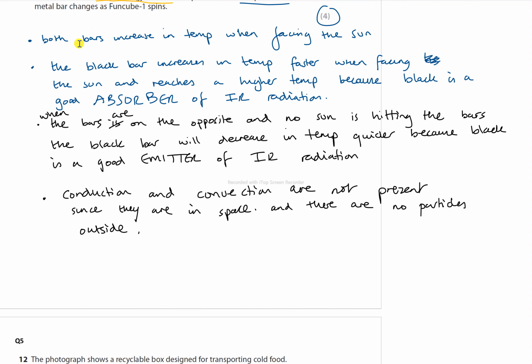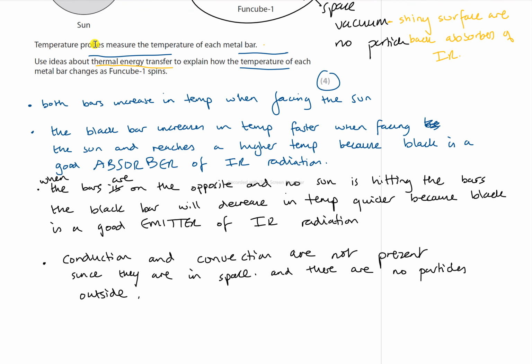But look at this, it's a good one to look at. Right, so both bars are going to increase when facing the sun, because they're going to absorb infrared radiation. The black bar is going to increase faster and reach a higher temperature. Why? Because black is a good absorber of IR radiation.